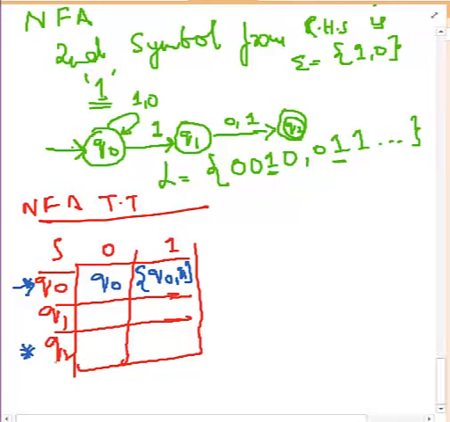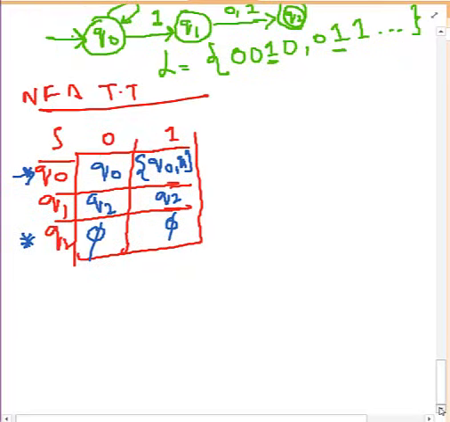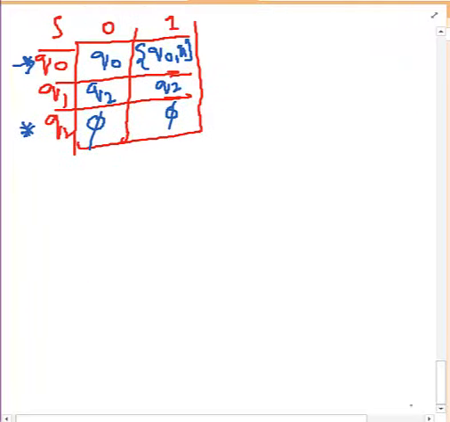Now Q1 on 0 goes to Q2 only, and Q1 on 1 goes to Q2, right? And Q2 goes nowhere, so those are the empty set, phi. So this is my transition table for the above transition diagram of the NFA.